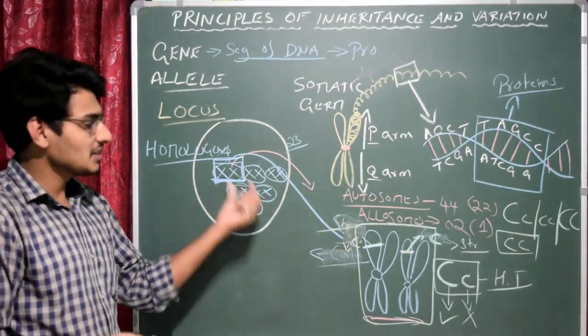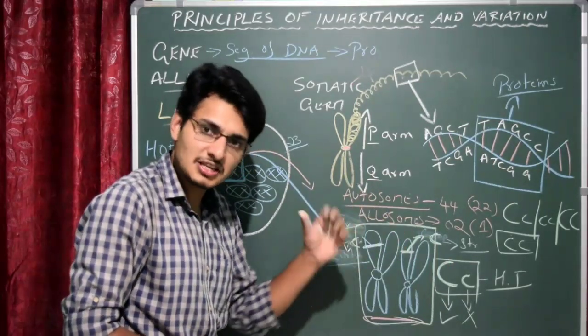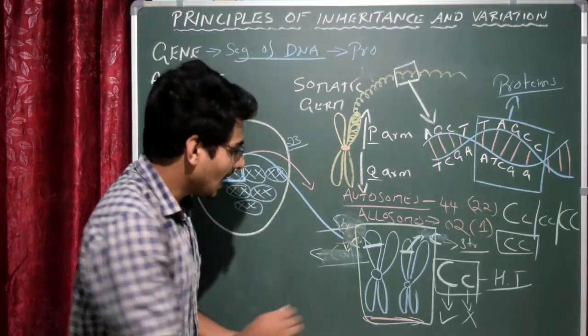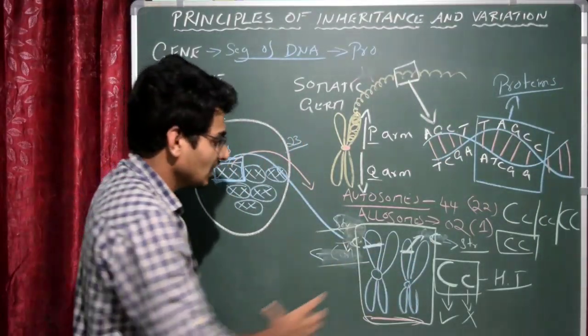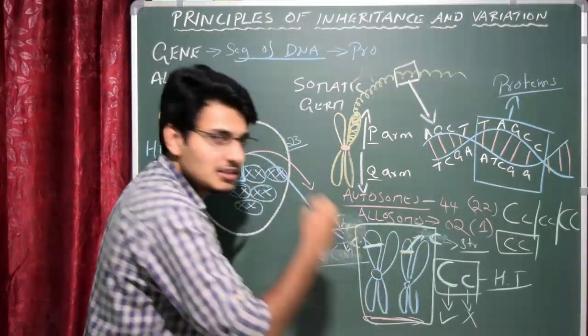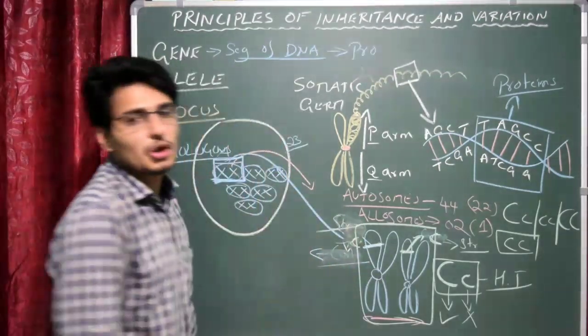Morphologically and genetically they are the same, right? The alleles are different, but the genes are the same, present on the same locus on two different chromosomes, and each chromosome's size and length are the same. Even the genetic composition is the same. That means this is a homologous chromosome.